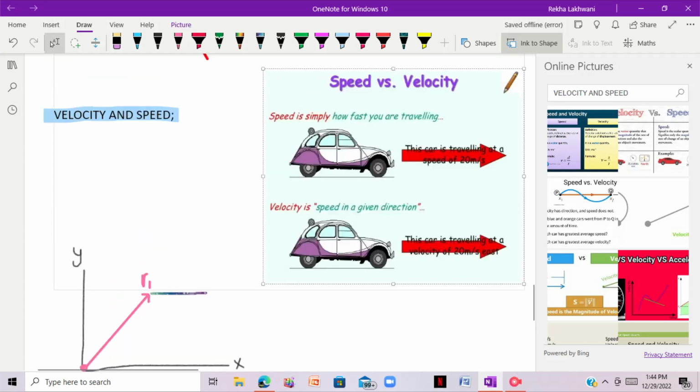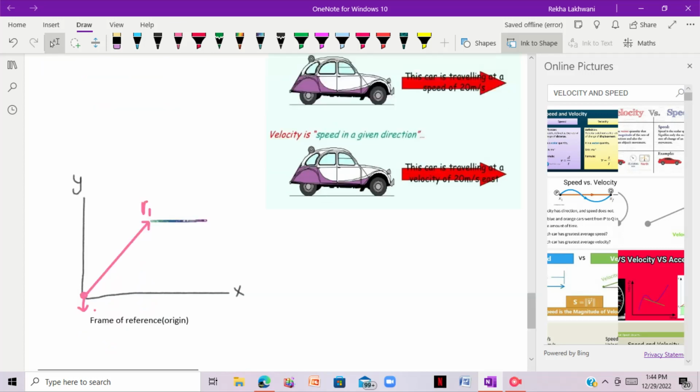Now the vector coordinate has changed. If you have studied the types of vectors, or you can watch my previous video on the types of vectors, a vector which shows your position from the origin point or the frame of reference is known as a position vector. So this r1 is a position vector, and now it has changed.